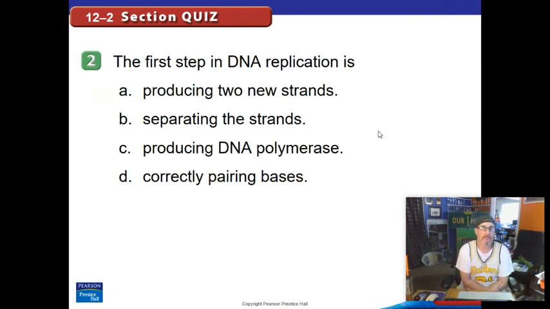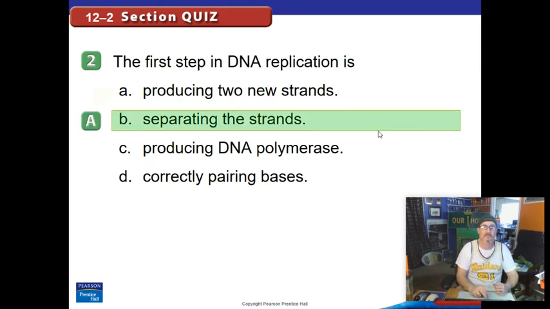First step in DNA replication: separate the strands. You have to have the helicase enzyme separate the strands to open them both up as a template, so then DNA polymerase can start building the two new strands. But you have to separate the strands first.